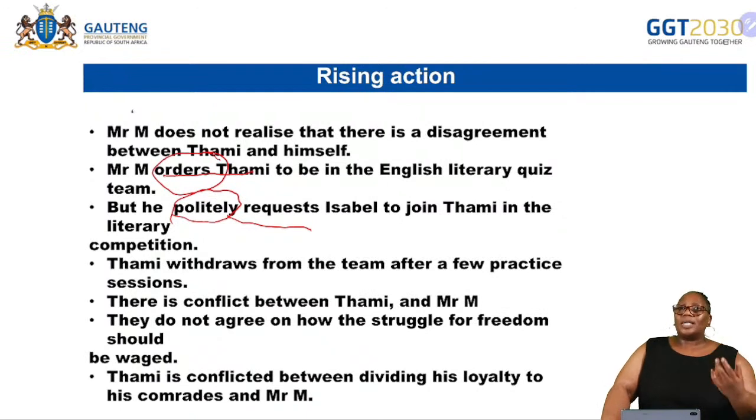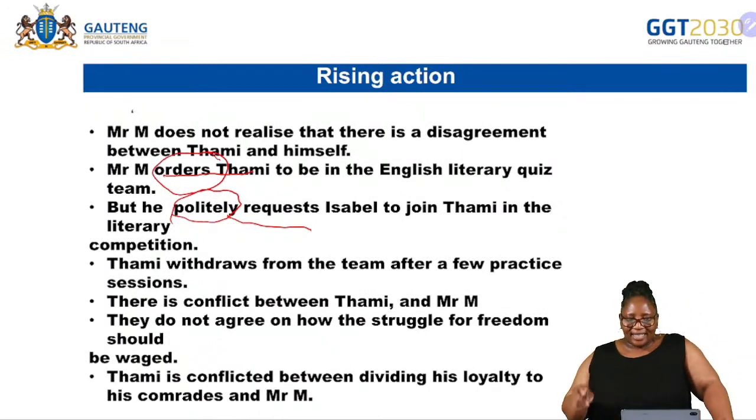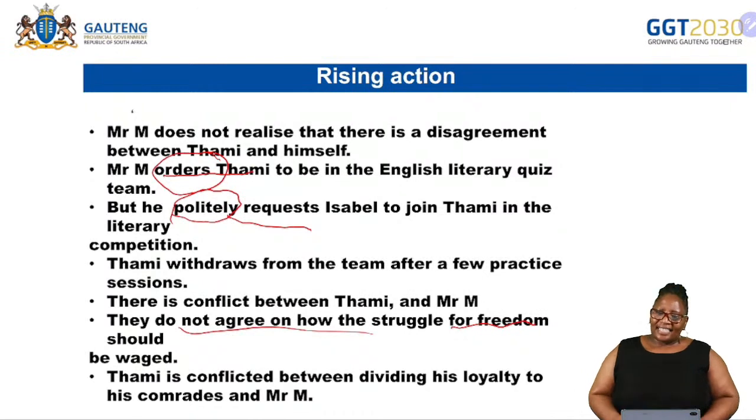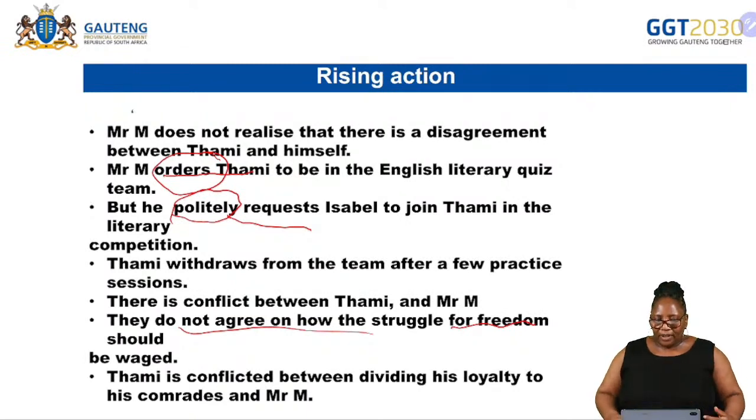Ultimately, as the story progresses, Tammy withdraws from the team after a few practice sessions. There is conflict evident here between Tammy and Mr. M. They do not agree on how the struggle for freedom should be waged. Tammy also nurtures an inner conflict, internal conflict, a conflict with himself.